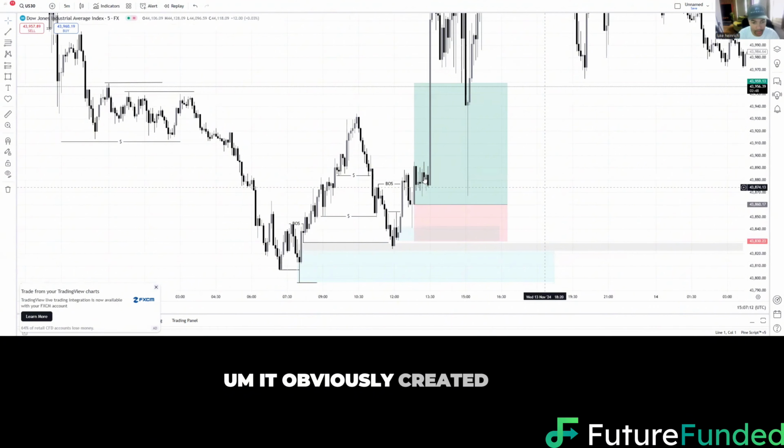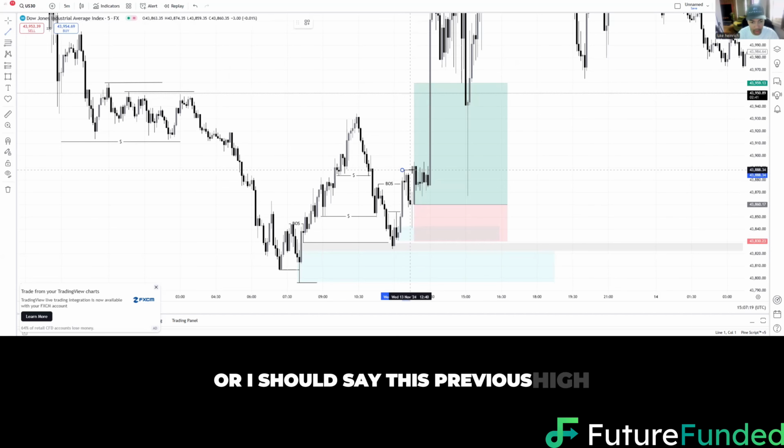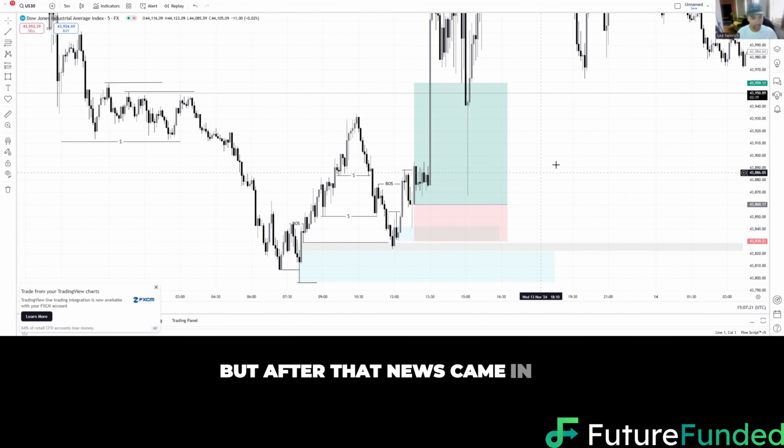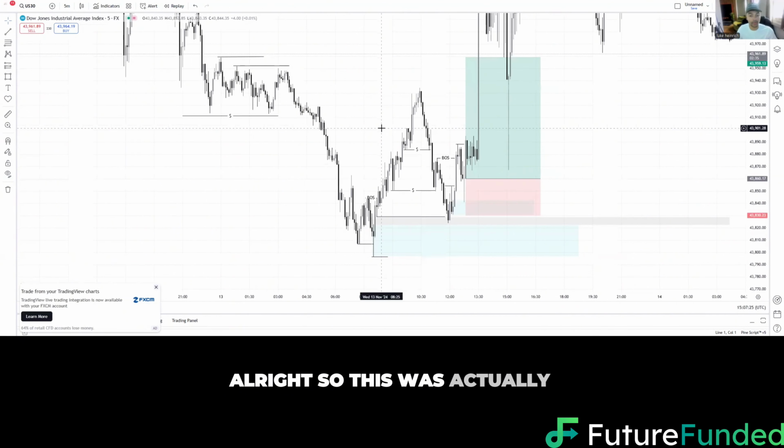It obviously created a bit of consolidation first as it broke that structural high, or I should say this previous high right here. But after that, news came in, and then obviously price took out the high. All right, so this was actually a really nice setup. This is probably the perfect definition of my edge.